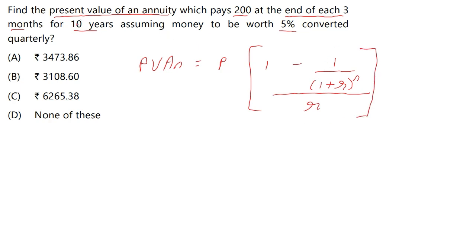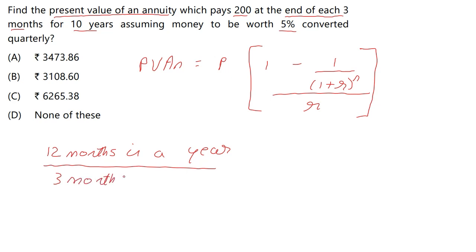They are saying it is for 10 years, but at the end of each 3 months. So it's not correct for us to take n as 10 because it's happening every 3 months. So how many times a year? We have 12 months in a year, and the payment is happening every 3 months.